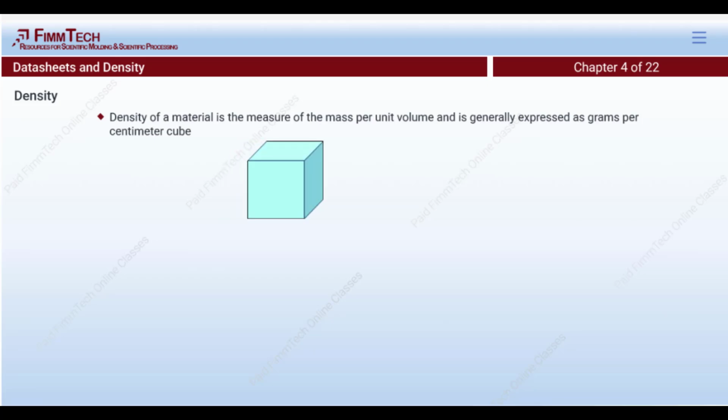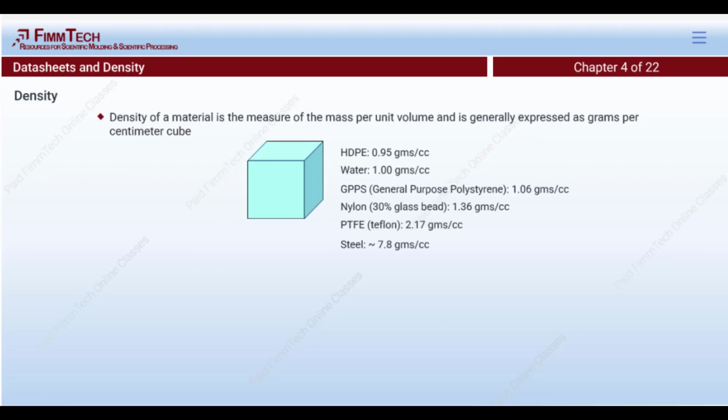That means if I have a cube here and it is made out of HDPE, if it's molded out of HDPE, then this 1 centimeter by 1 centimeter by 1 centimeter cube is now going to weigh exactly 0.95 grams. And therefore we say this is 0.95 grams per centimeter cube.